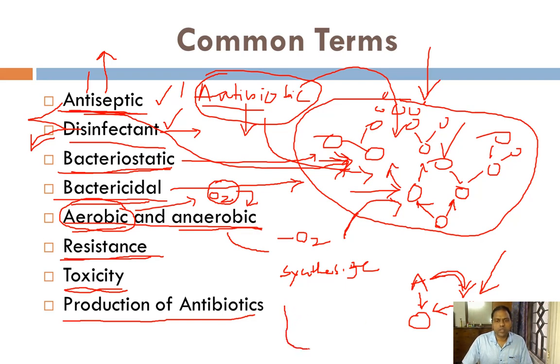In the factories, suppose this is a big tank. Here they can be prepared naturally from bacteria, or they can be prepared from mold. Mold is a type of fungi.